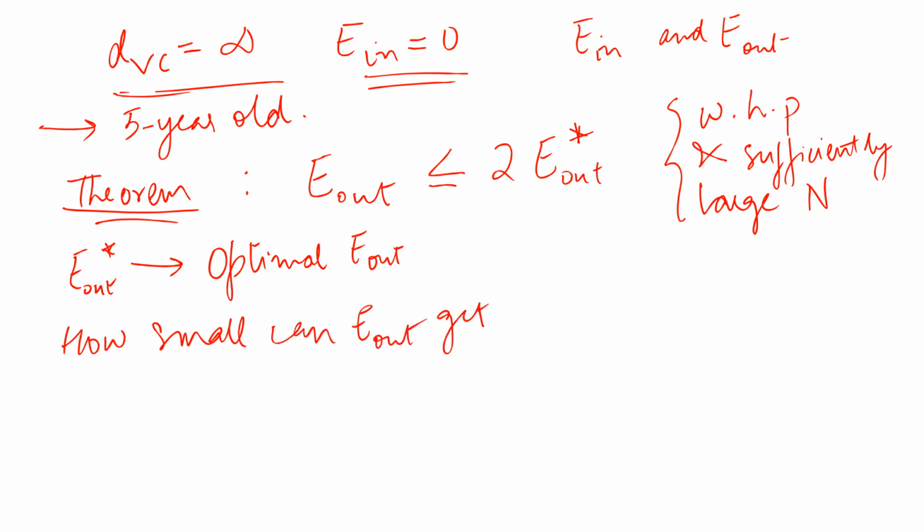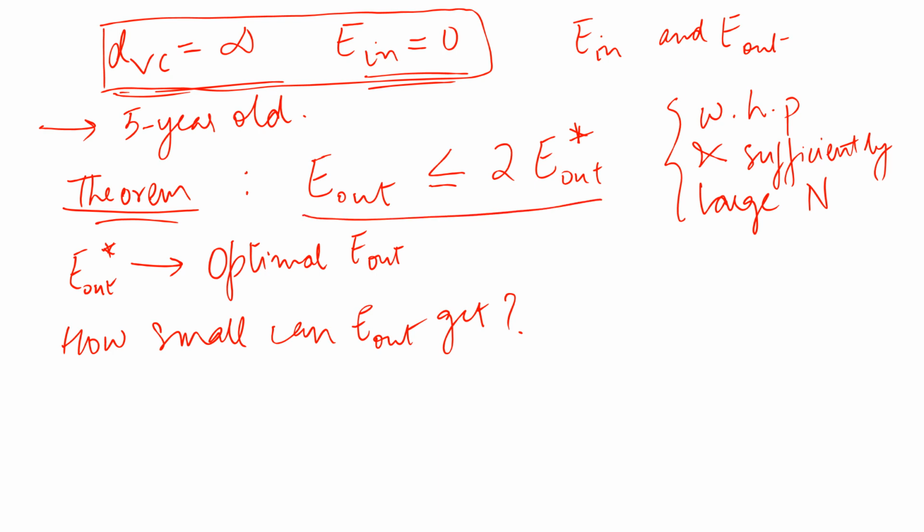As I said, we are establishing the feasibility of learning, but taking a different route rather than the VC analysis directly, because of the issue that we just saw. That's all we are doing here. Of course, we're going to go through the proof. If you just look at the statement, we are saying that E out is at most equal to 2 times this optimal E out.